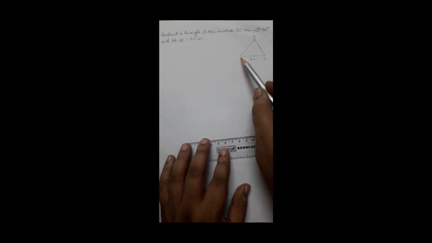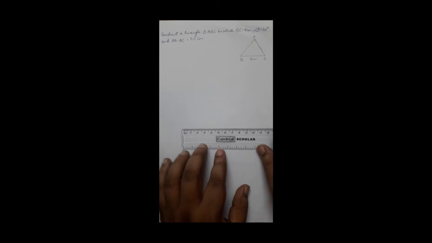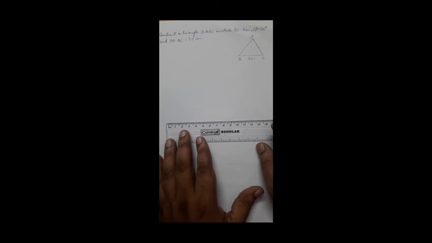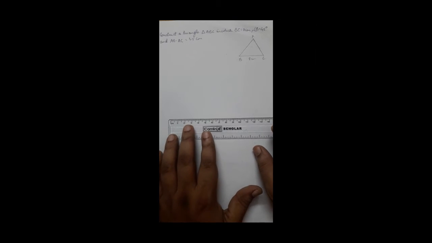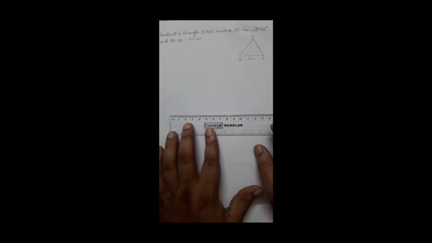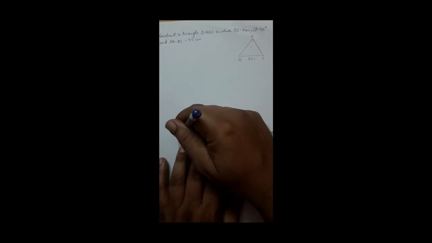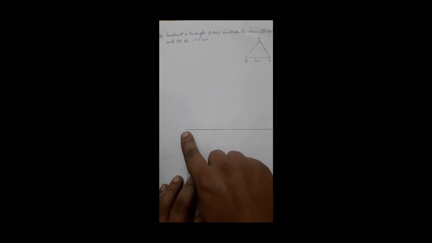So first we begin with BC equal to 8 centimeters. Since we are going to construct that using a compass, we just draw a line to begin with, which is obviously going to be more than 8 centimeters. Now we need to cut this line, and we'll use this as a point, and we'll cut 8 centimeters on this.